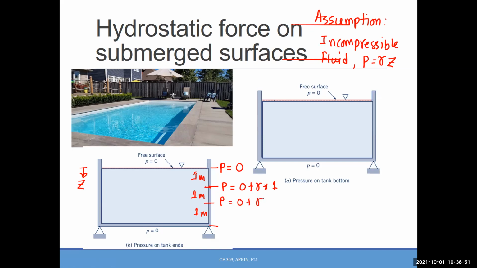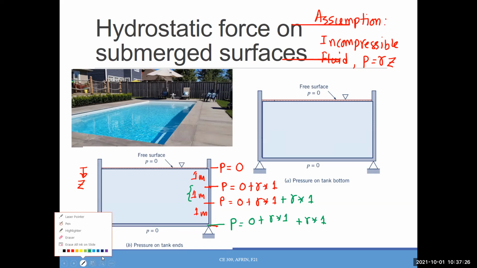0 plus gamma multiplied with 1. And what is the additional pressure here? Pressure due to that amount of fluid, right? What about here? We have 0 plus, and for this one we have 1 extra pressure there.